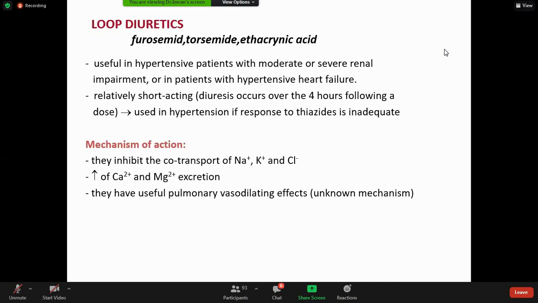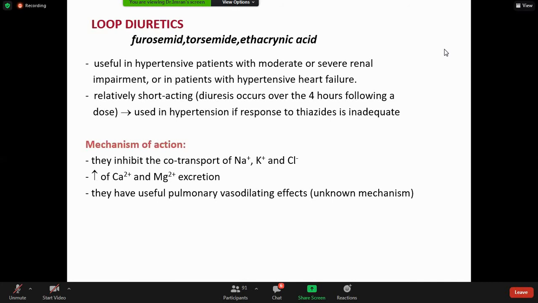Mechanism of action: as the name indicates, the site of action would be the loop of Henle. Now there are different segments. This is an important point that you must know. When we say loop of Henle, descending loop of Henle, ascending loop of Henle, on which part basically does it act?